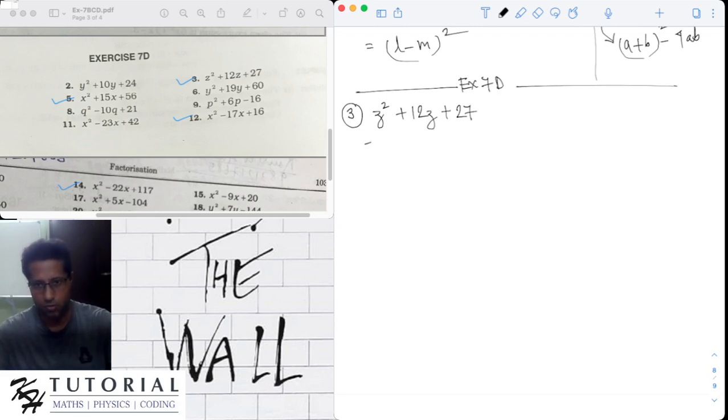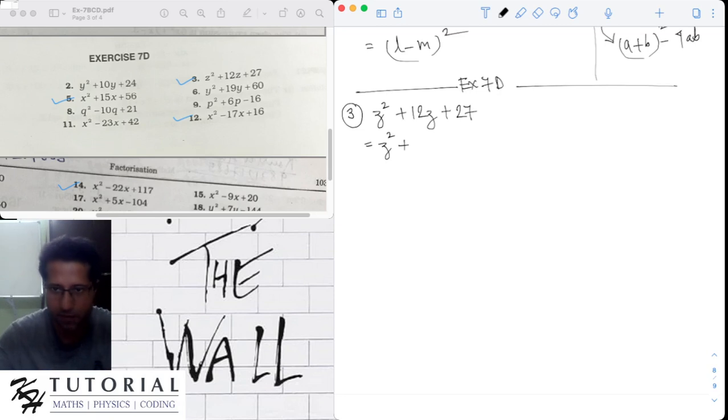Now if you try to express this polynomial in the form a square plus b square plus twice ab, you will see that z square is fine, but 27 is not a square.